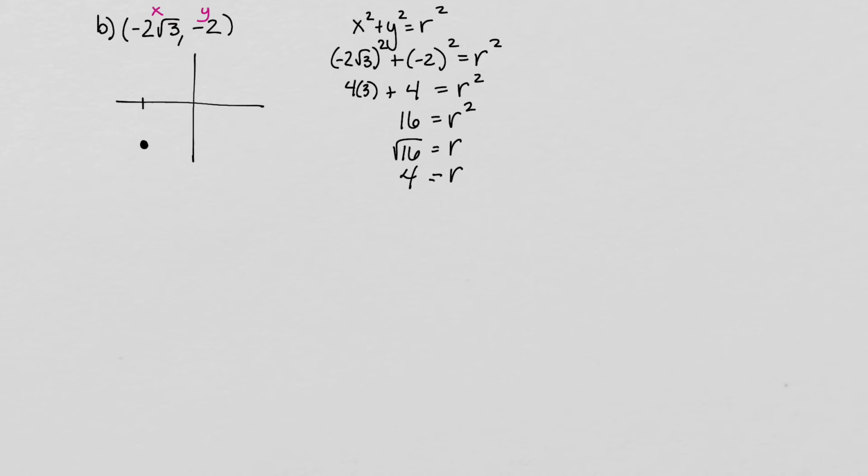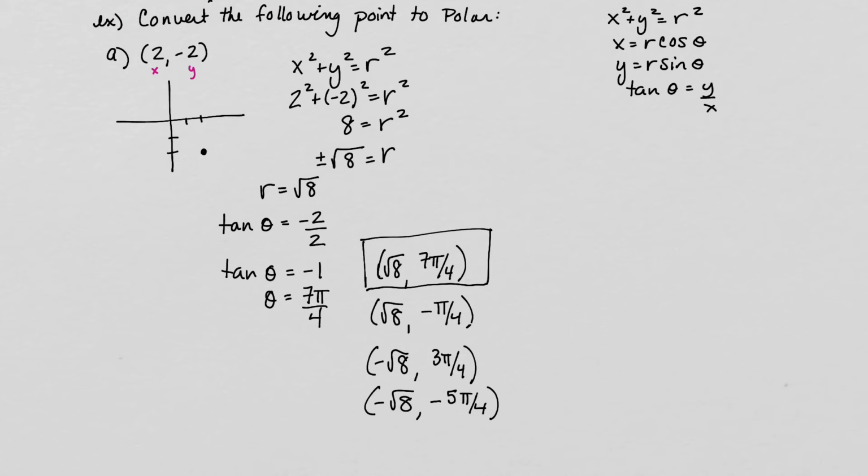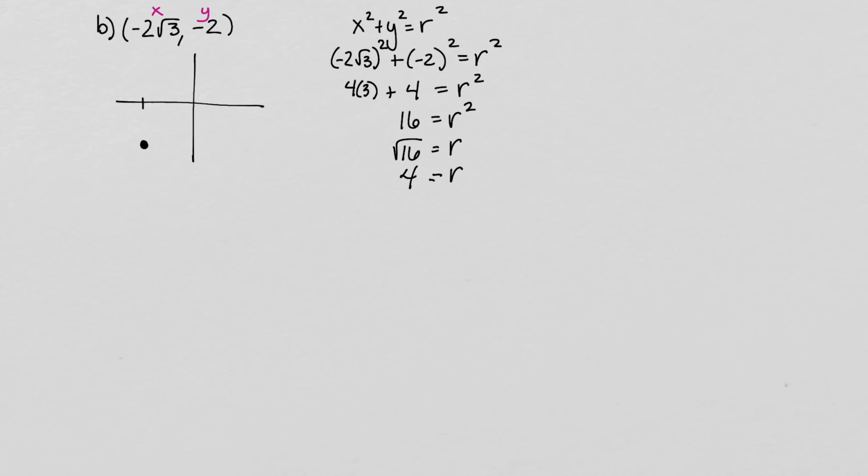It's stated. That's part of the statement of the problem. We're still in this convert the following point to polar. So convert the following point to polar, and then I tell you that point is minus 2 root 3 comma minus 2. Does that make sense? It's stated, you're not finding it. This is given to you.